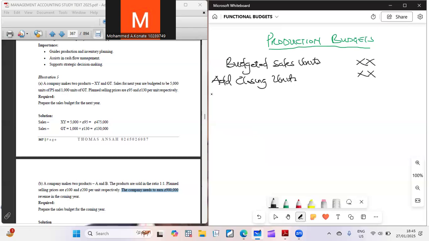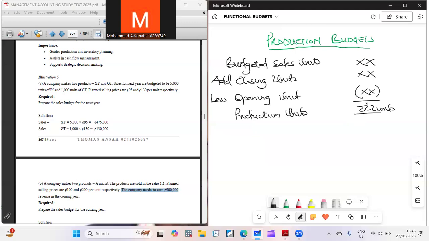Then you will subtract the budgeted opening inventory. So that is how you know the number to prepare, the production unit. So very simple procedures. It's in unit.